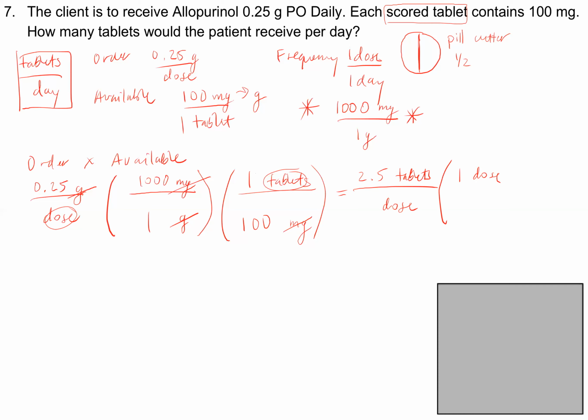And looking at our frequency, it's 1 dose per 1 day, so it's 1/1. Making sure units look good. So we have 2.5 tablets per day as our final answer. And that makes sense because we have a scored tablet.